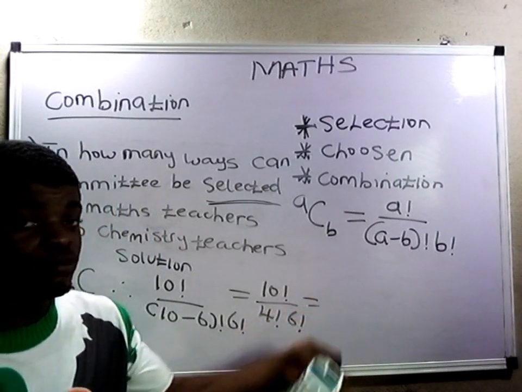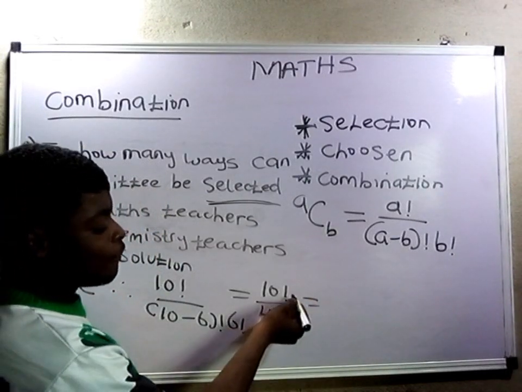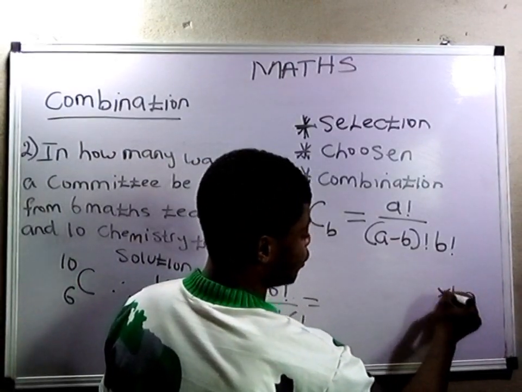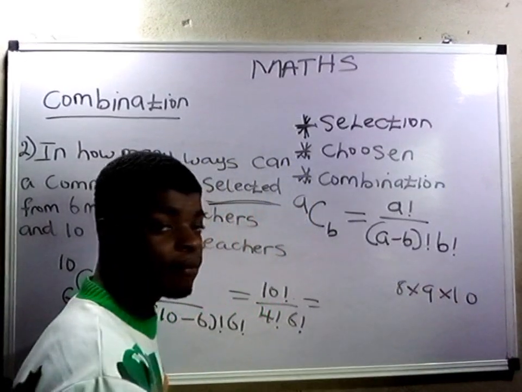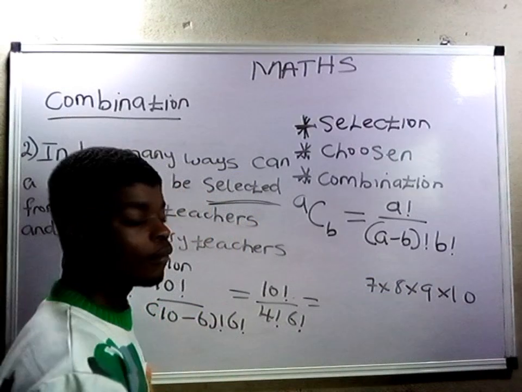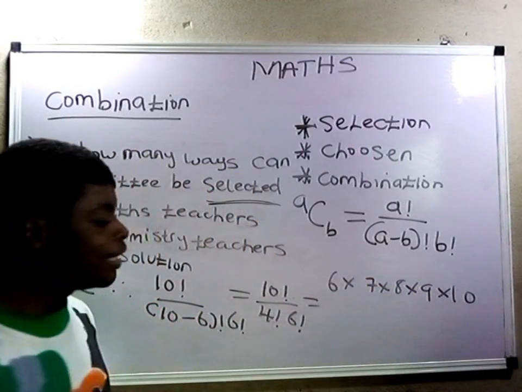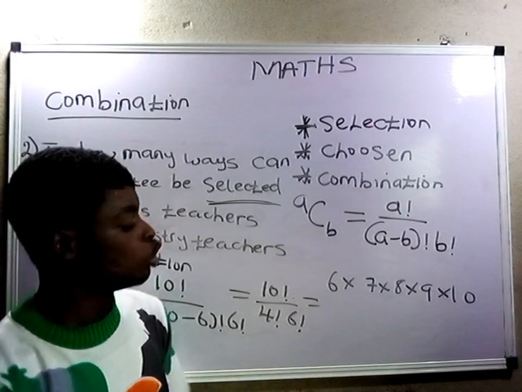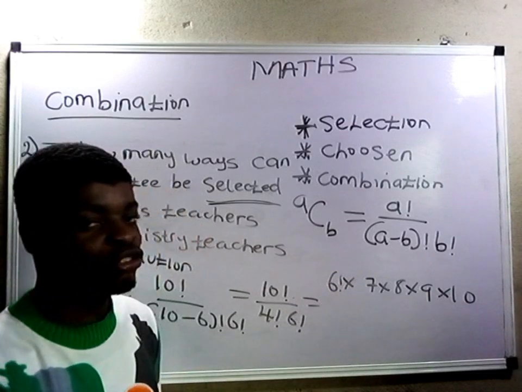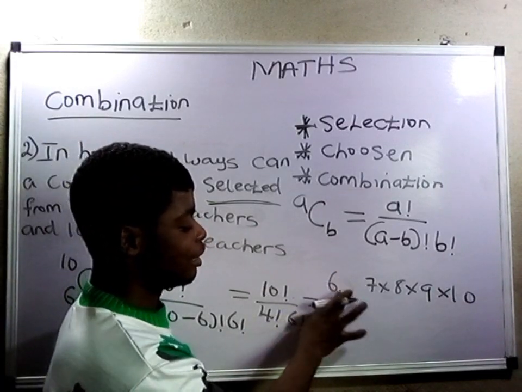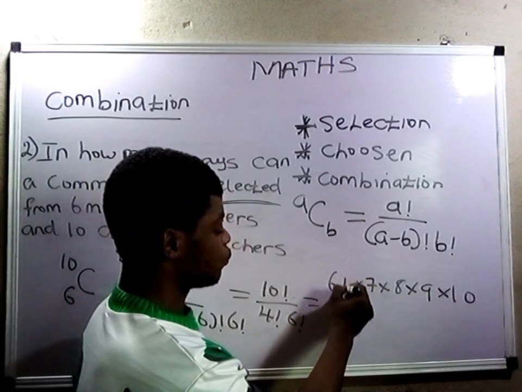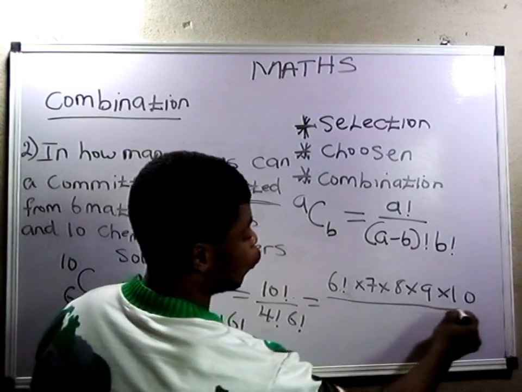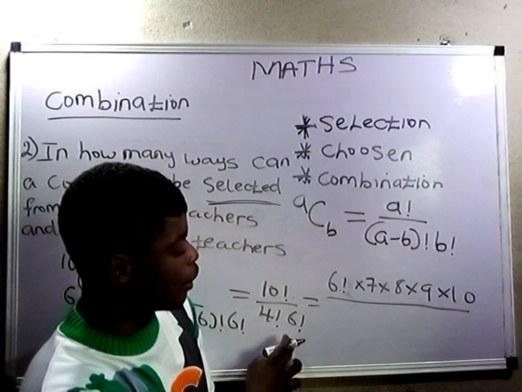You don't need to go all the way to 1. 10 factorial is 10 times 9 times 8 times 7 times 6, and because we have 6 factorial in the denominator, I stop at 6 factorial.